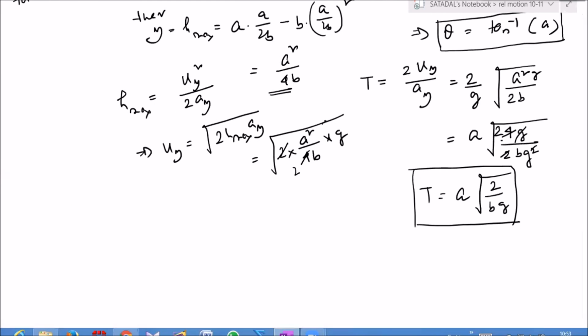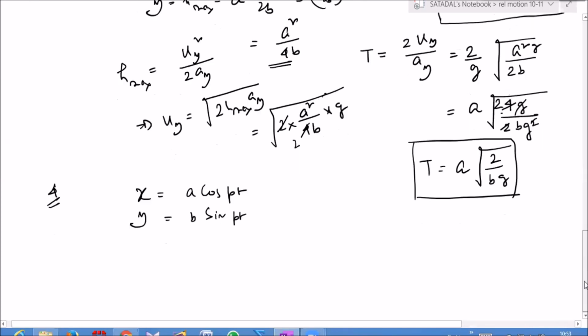Sure. So let me discuss this one. Now question number 4 we are discussing. X is given as A cos PT and Y is given as B sin PT. Okay. So I think this type of question I have solved once earlier. This is X by A equal to cos PT and Y by B is equal to sin PT.